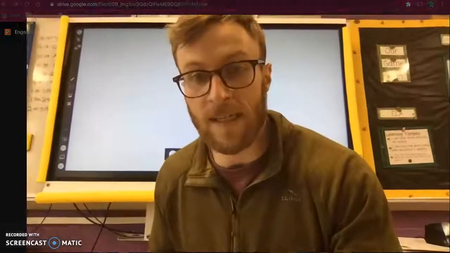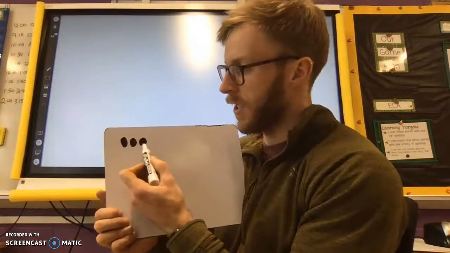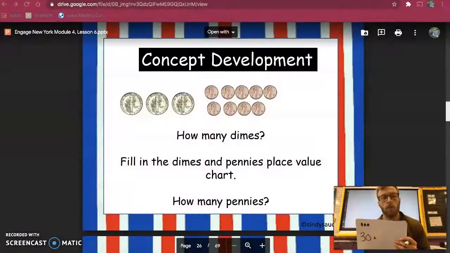So if we have 3 tens, how much do we have in ones? Well, let's see. I'll draw my 3 colored in dimes up here. Let's count by tens. 10, 20, 30. So we have 30 cents in dimes, plus, let's go back to our problem, plus all these pennies. How many pennies do we have?